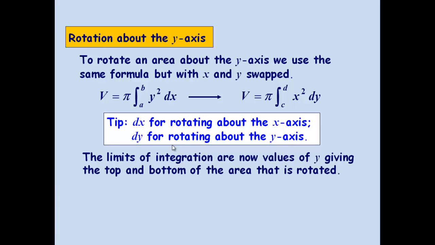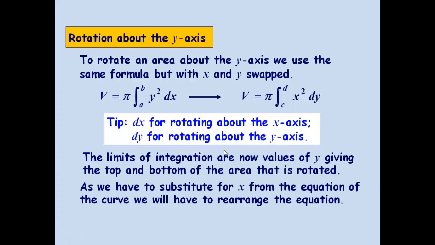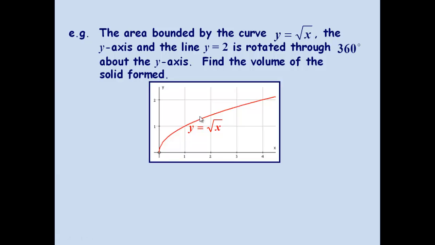Okay, so we're integrating with respect to y. So we're looking at this area here. We already have y limits, so we don't need to worry about the limits. We can put them in as 0 and 2, but we do need to rearrange this equation here.